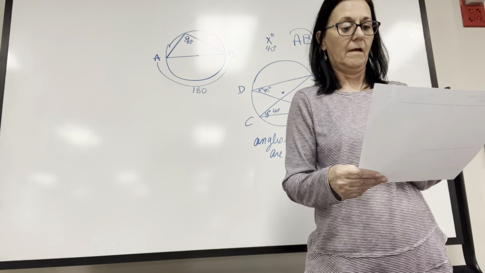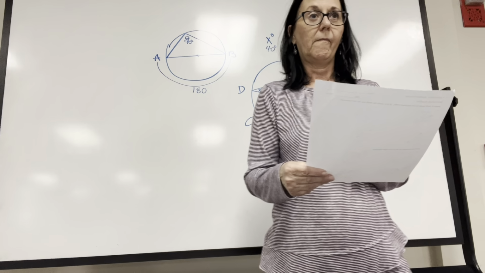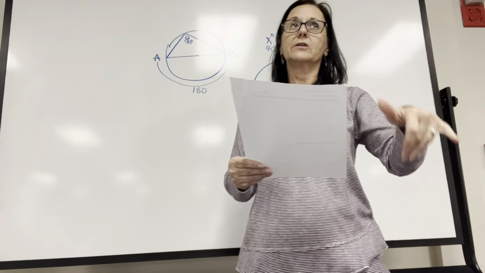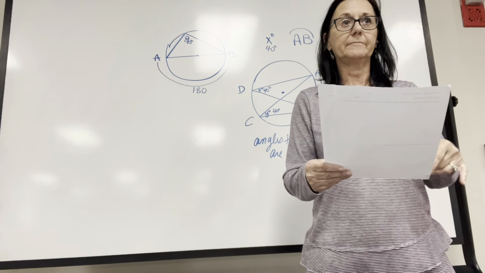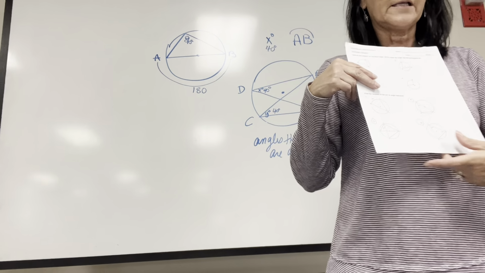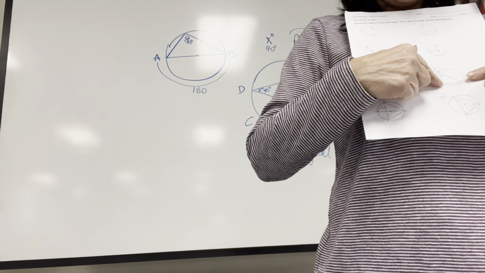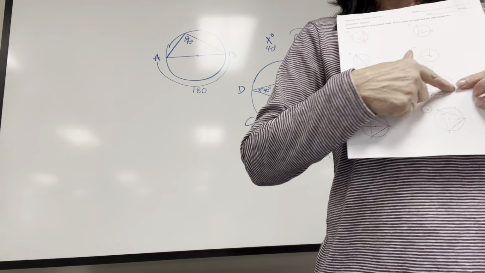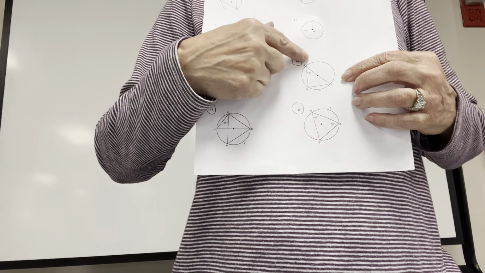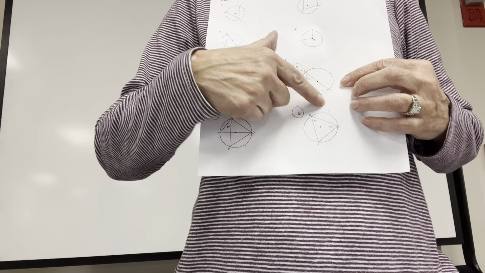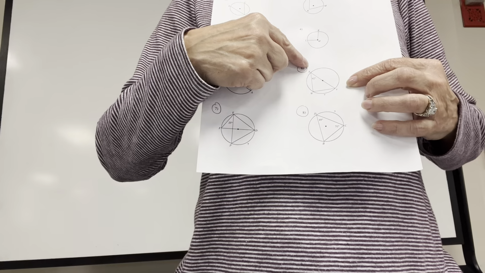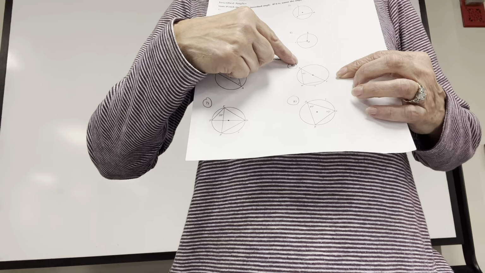I got 48. How'd you get 48? What's the measure of the inscribed angle that intercepts arc WV? Chris, I want you to look. You see WXV? That angle WXV intercepts that WV arc. Do you see that?